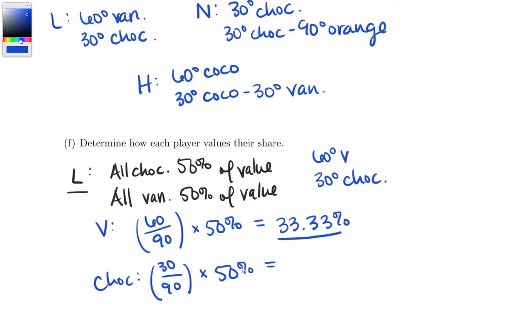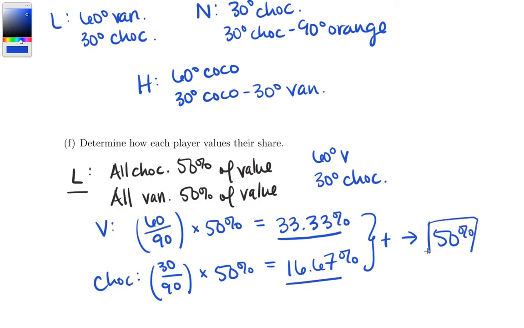So 1/3 of 50 is, rounded to 2 decimal places, 16.67%. And when we add these together, we are going to get exactly 50%. So Luna's share, she thinks, has 50% of the value, which is more than fair.